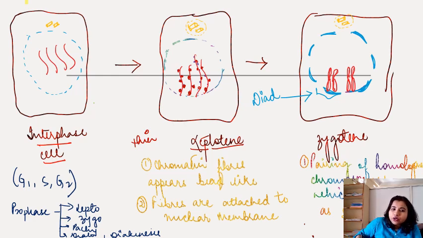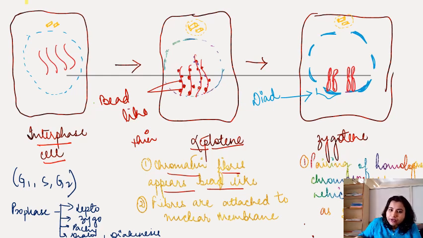So we say that the chromatin fibers appear bead-like. This is the first point. The second point is that these fibers get attached to the nuclear membrane.